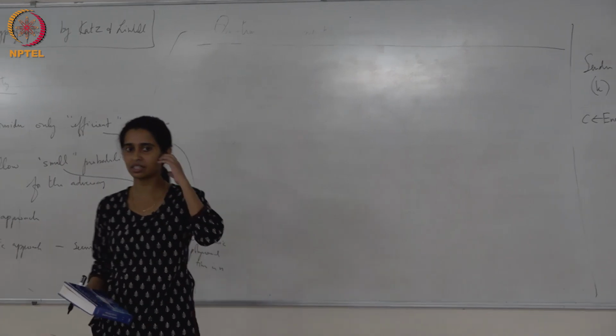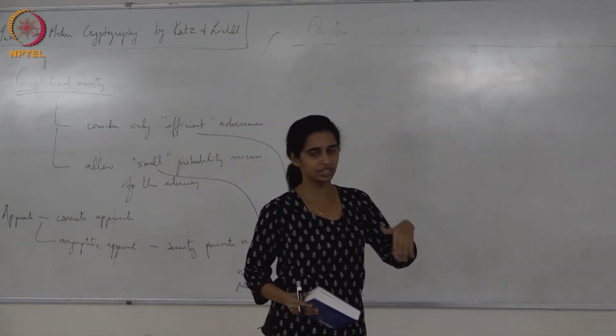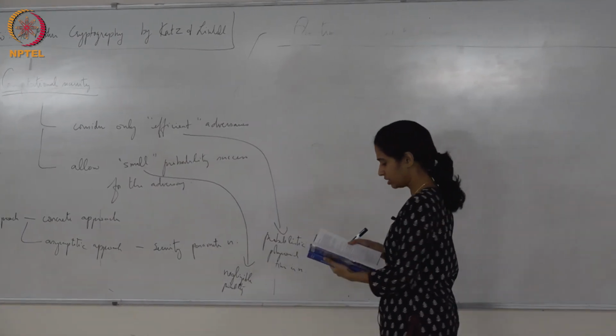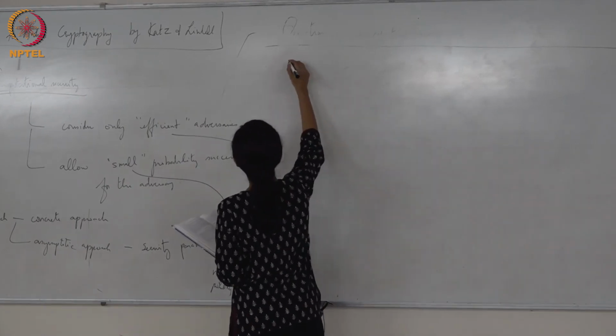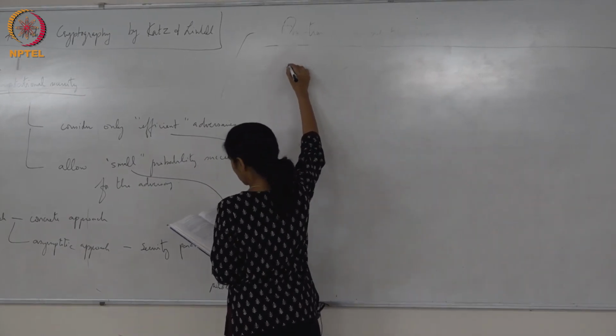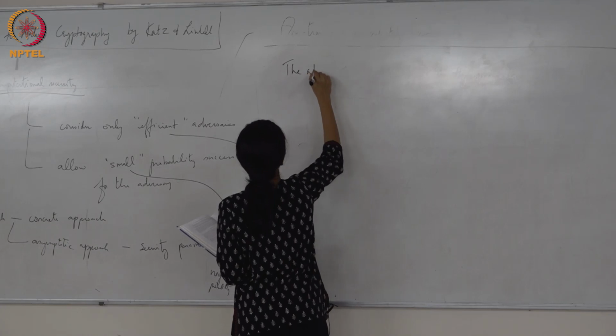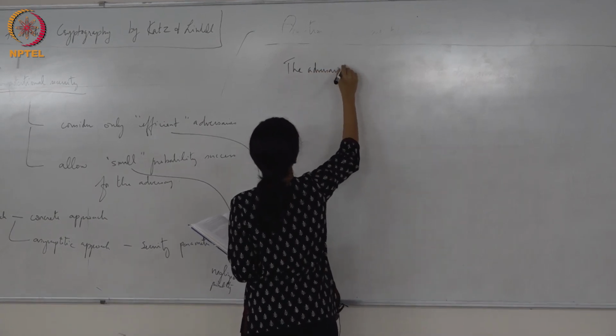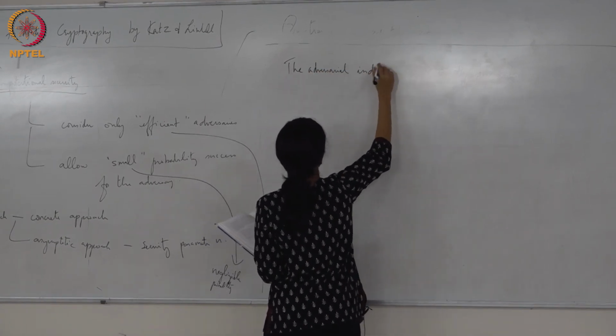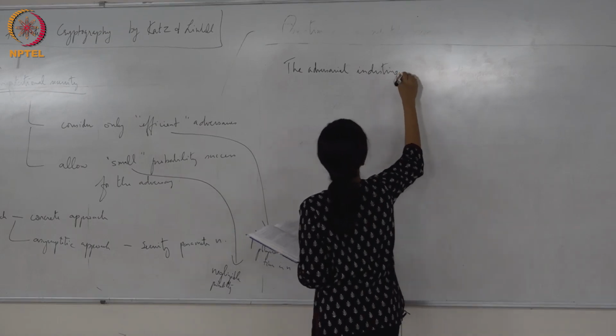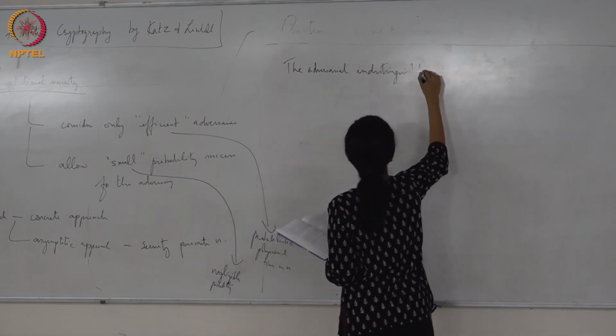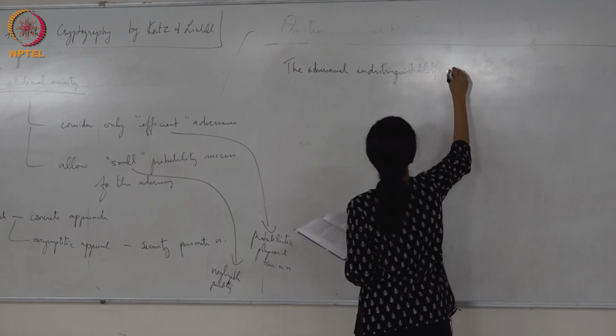But since that will take us a bit of time, I am not going to do it right now, and I will do it as required. So I will just directly go to the security definition. So consider again the adversarial indistinguishability experiment.